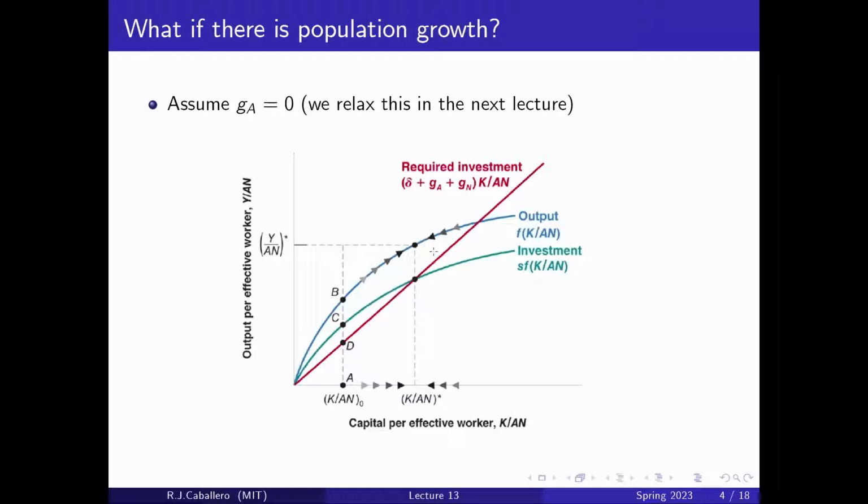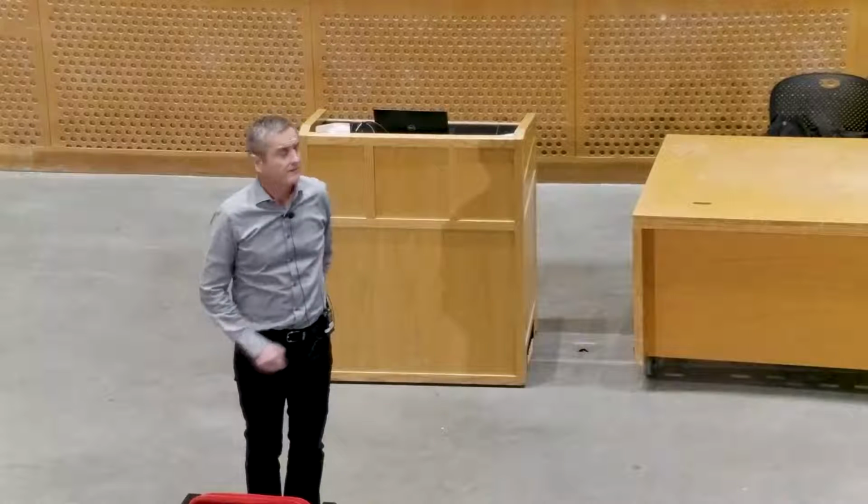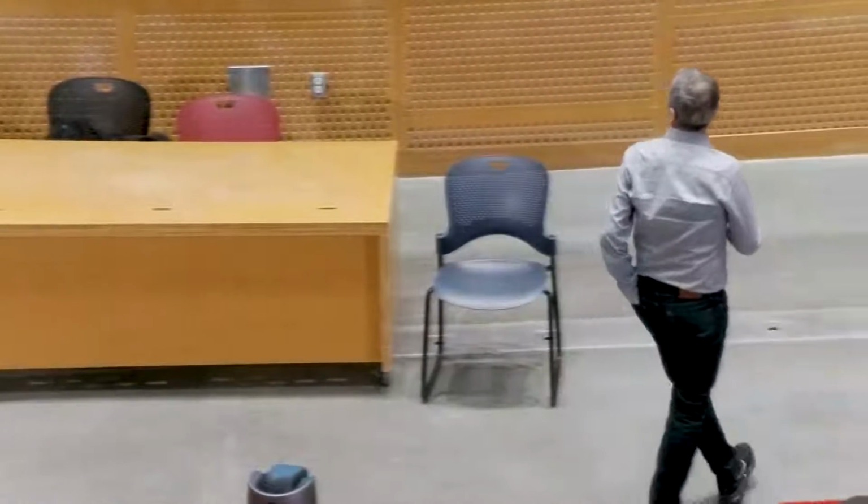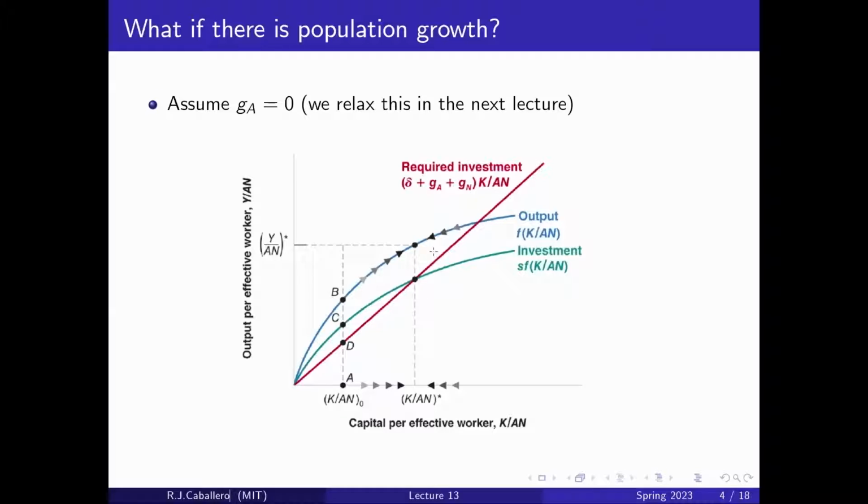So what happens at the previous steady state stock of capital per worker at this level? What happens? Is that a new steady state? No. But what happens in particular? I'm saying, suppose that you are here, and now I rotate the red line up. Okay?